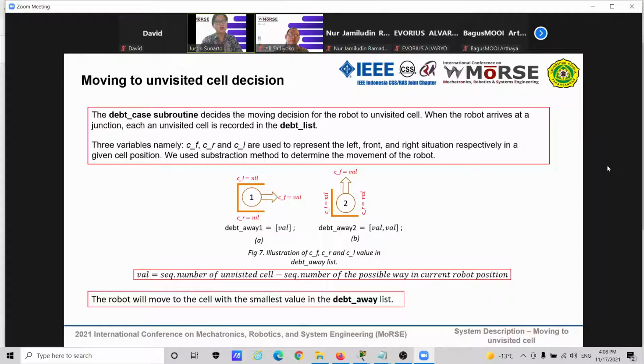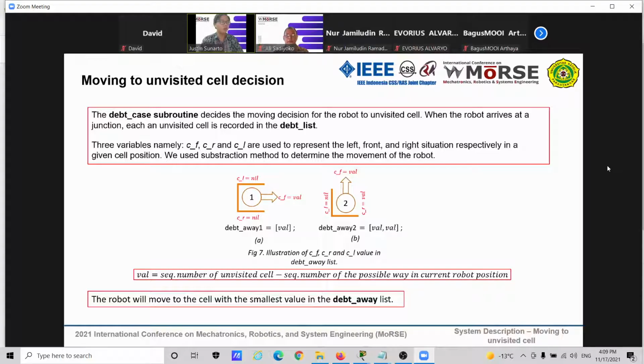If there is no possible way on the right or on the left side of the robot, like figure 7a, the value of CL and CR will be nil, and CF will be equal to val. Val here equals the sequence number of the unvisited cell minus the sequence number of the possible way at the current robot position. By using this subtraction method, we determine the movement of the robot.